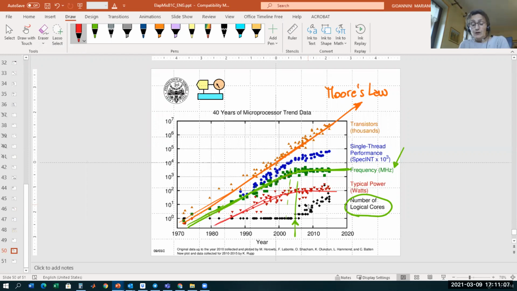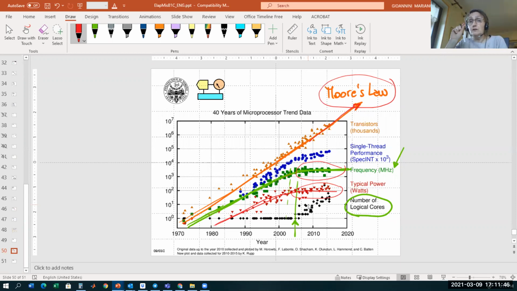Okay. So what's the trend that you can read here? The trend is that at a certain point, maybe this Moore's law will stop, because it's already seen, because you cannot increase forever the clock frequency, you cannot increase further the power consumption, and also you cannot increase further the number of transistors, because to increase further the number of transistors, it means that the transistors will get smaller and smaller.